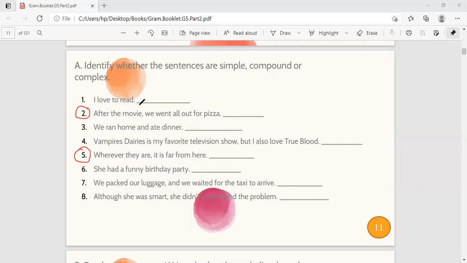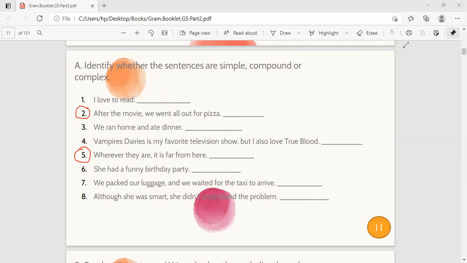After the movie, we went all out for pizza. Okay, type? Yesterday, we had decided: compound. Why is it compound? Because it has a complete idea.